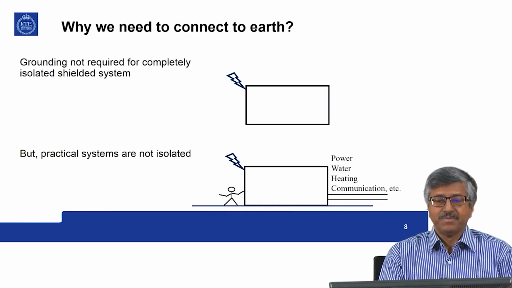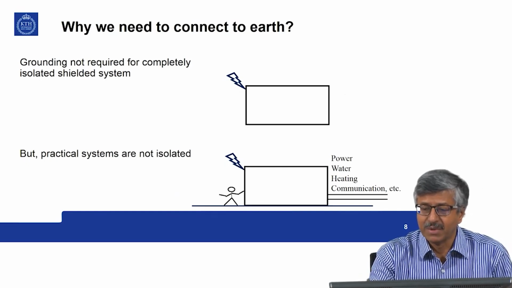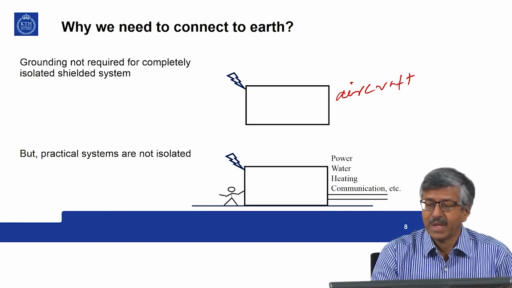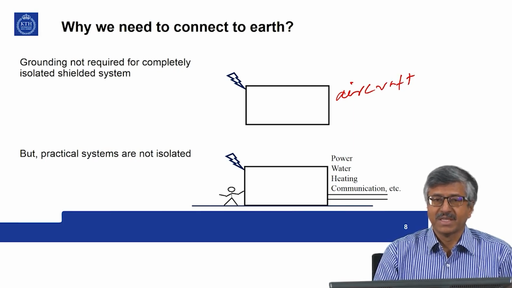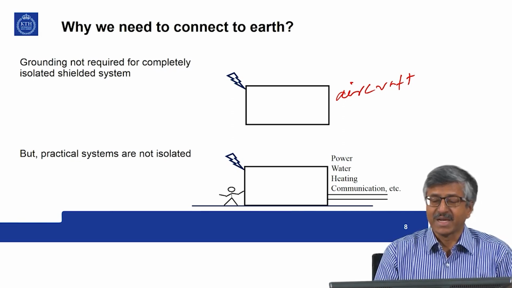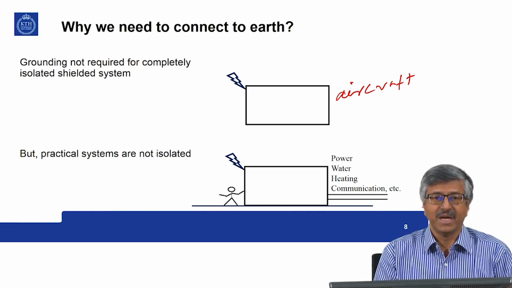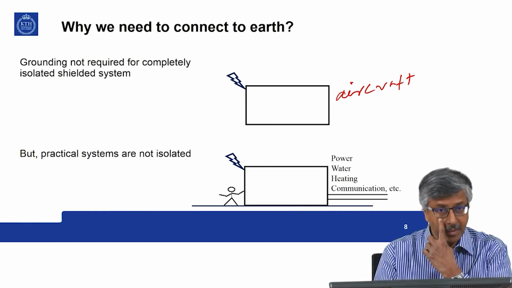The reason is this: if it is a totally isolated system like an aircraft, for example, you do not require any connection to the earth, but earthbound systems are not isolated. They are always connected with something else in terms of power, water, heating, communication, etc. And they are in close proximity to people also.